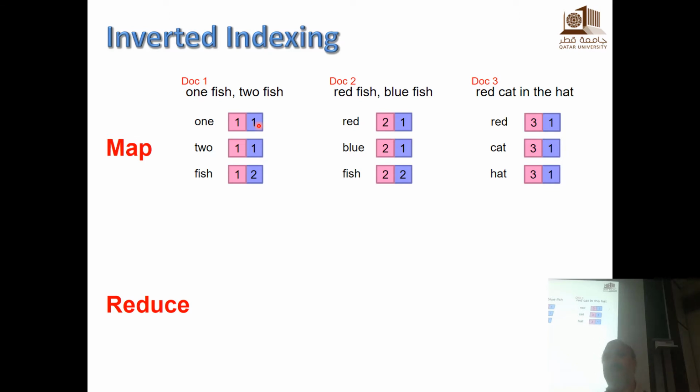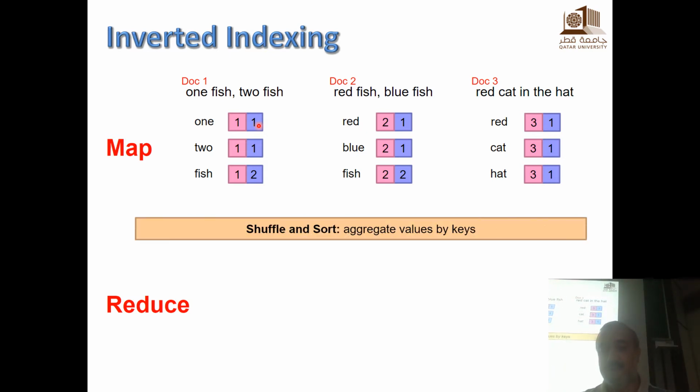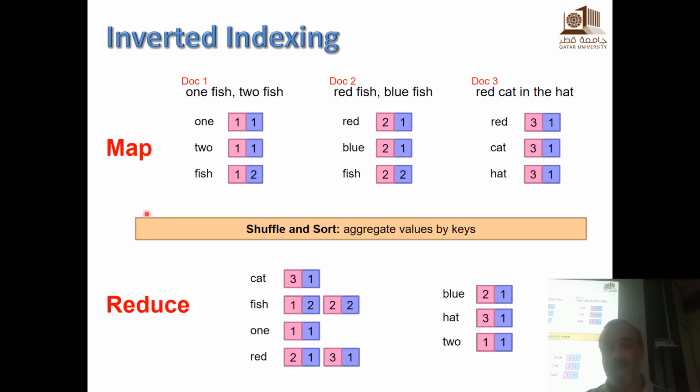Now what will happen in shuffling? All the values that are associated with the same key will be grouped together. So in the reduce, we get all the values for cat, all the values for fish together. That will be very handy to just create the posting lists. Each one of these, by the way, we call a posting, and the whole thing is the posting list.